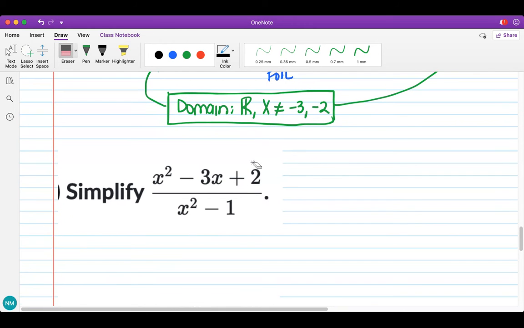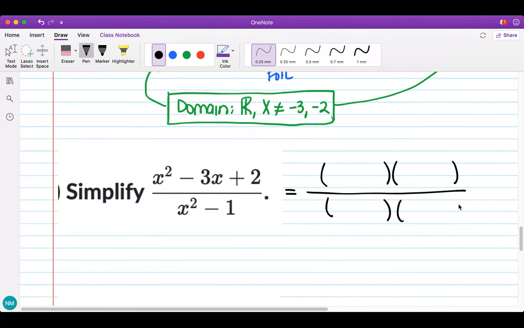Let's try another one. So we got to factor the top, reverse FOIL. And the bottom is going to be difference of squares. So the bottom's easy, x plus 1, x minus 1. And the top is reverse FOIL. So what two numbers multiply to 2 and add to -3?